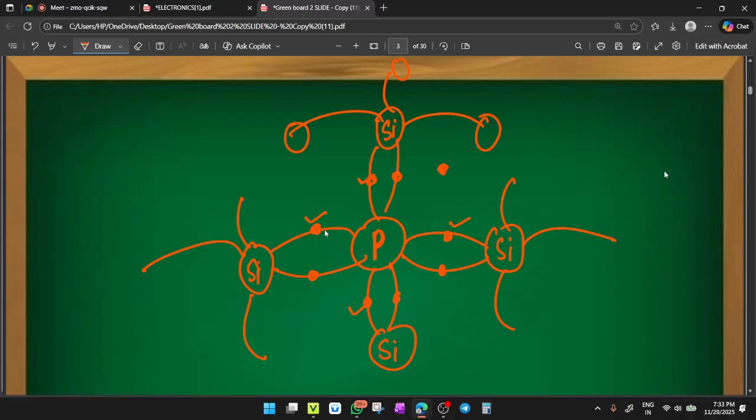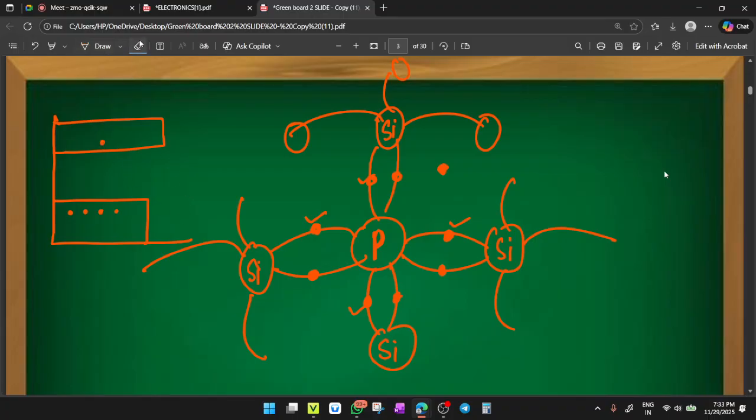Clear? So these four electrons are in the lattice, so they have less energy. These four electrons are the electrons of the valence band. Clear? But in the conduction band, there is one electron.